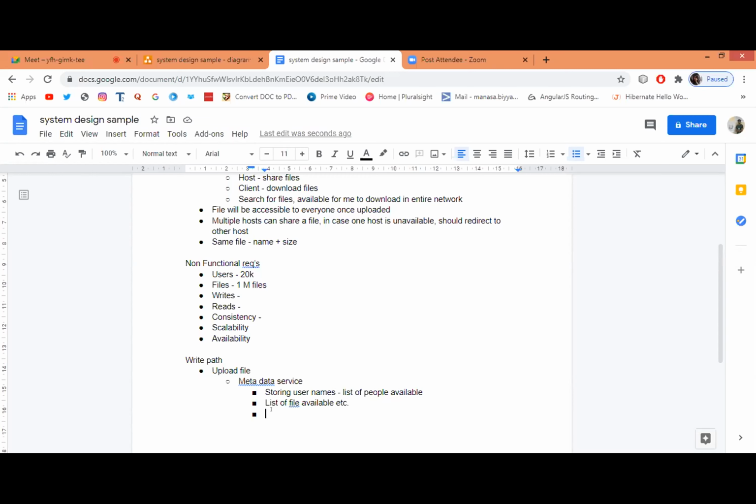We have 20,000 users and 1 million files, so we can choose any database to store this kind of data. I can go with a relational database, and I can keep two tables, one for the users and one for the files.